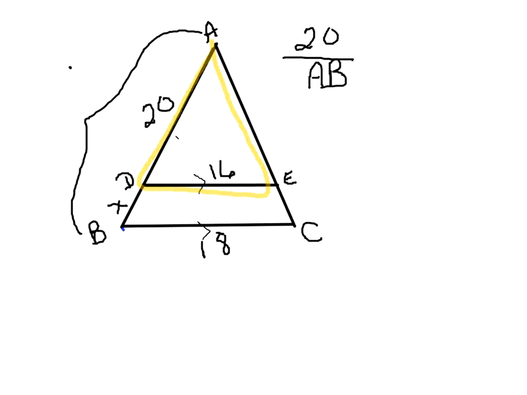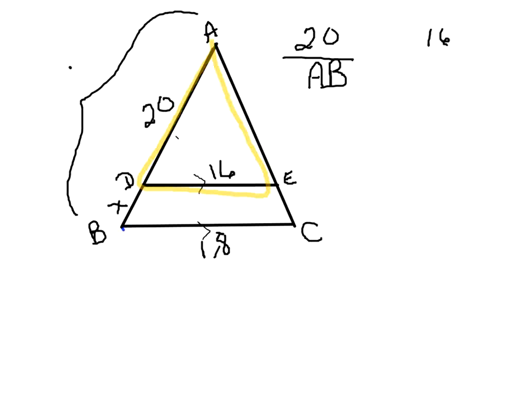What I'm going to do is find AB and then subtract the 20 to get what's left right here. So I don't have to set my equation up with x. I can find some other piece that helps me find x. That ratio is going to equal the ratio of 16 to 18 because that's the bottom of my triangles.